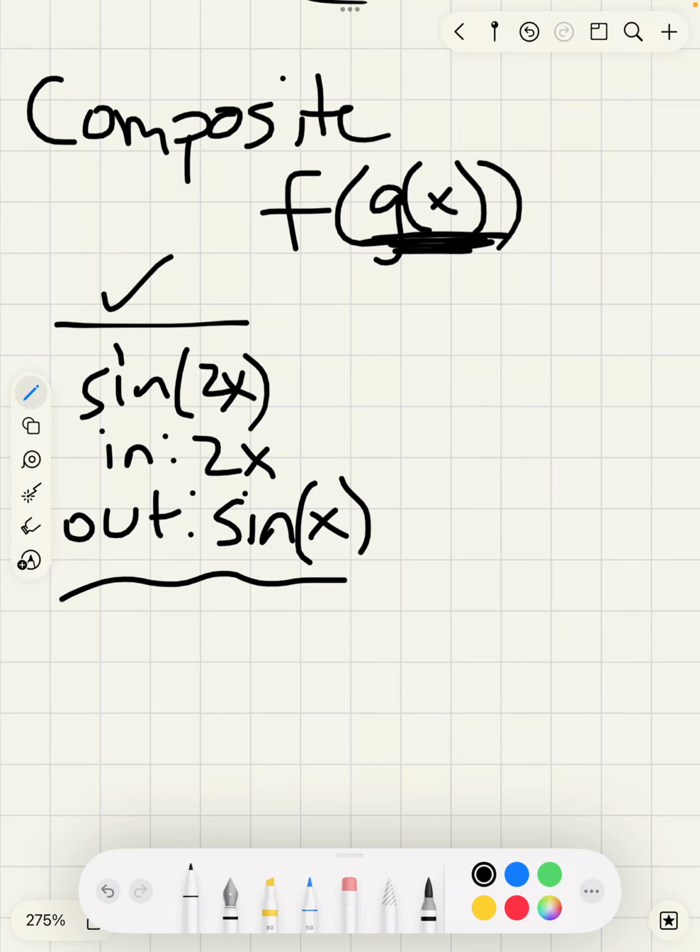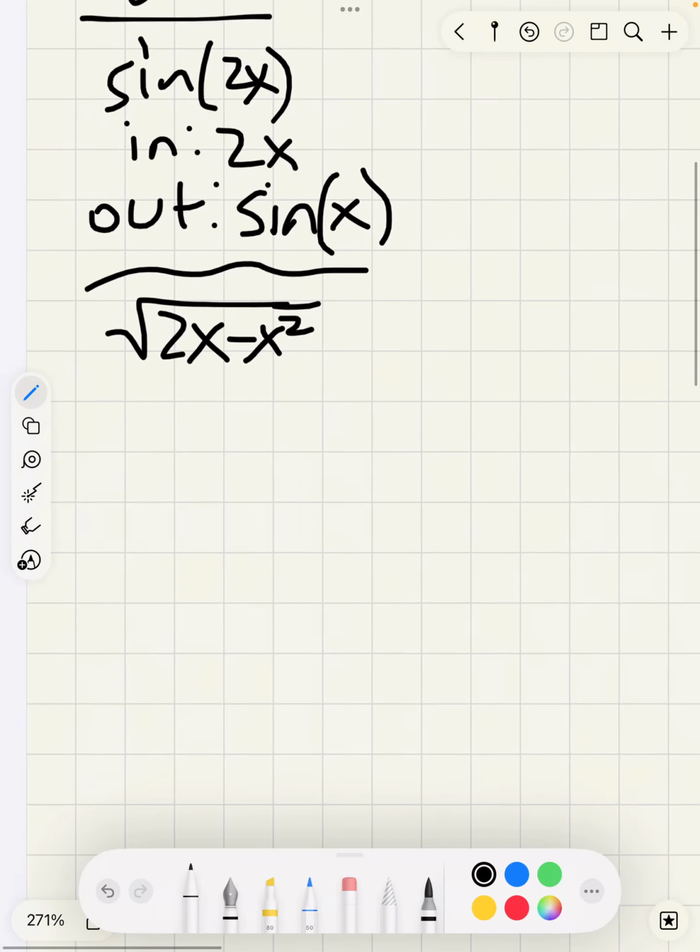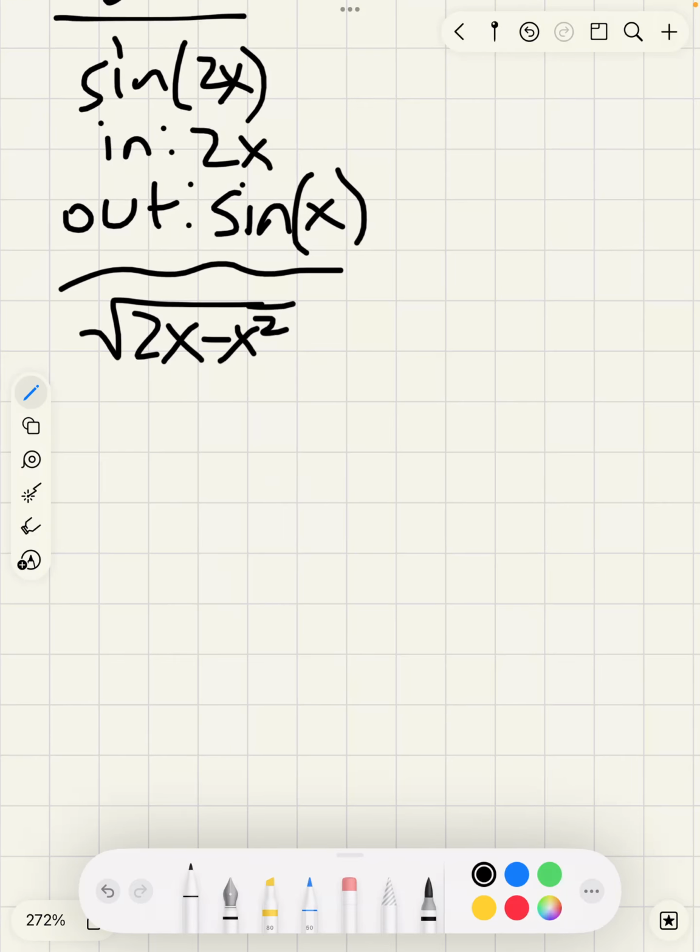Another example would be the square root of 2x minus x squared. That would be considered composite because the inside function, what's being plugged into something else, is 2x minus x squared.